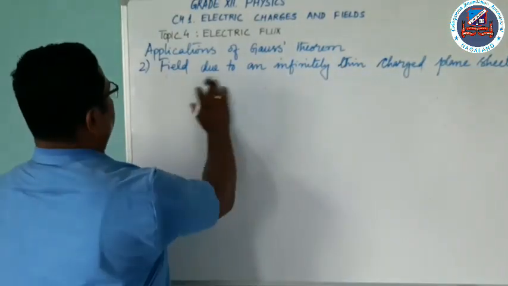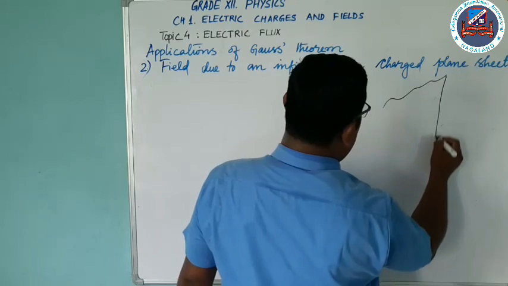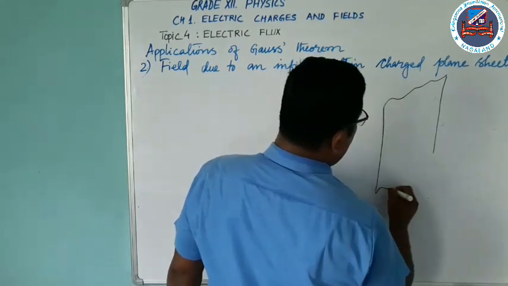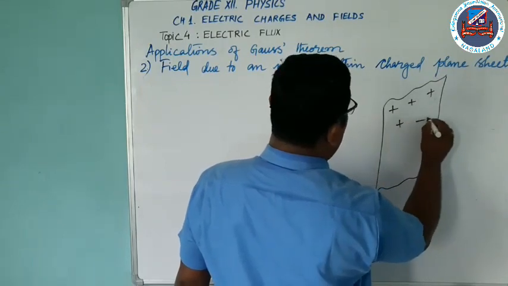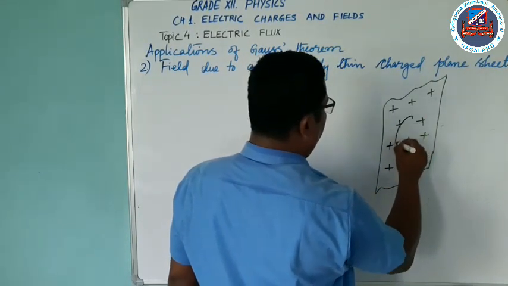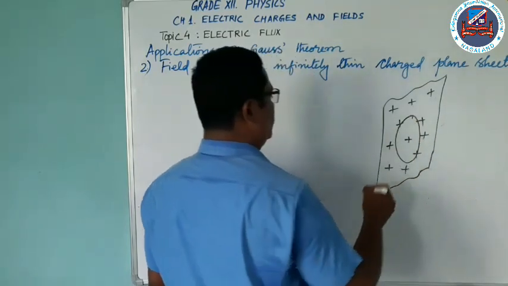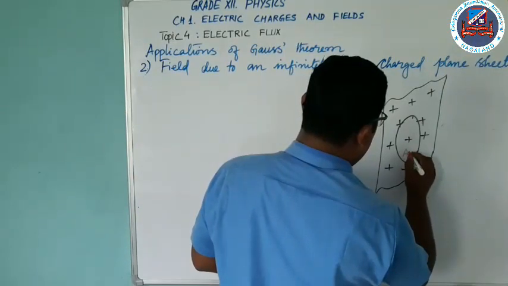In this case, you take the infinitely thin charge sheet like this. Charges are distributed on its surface. We'll take a certain area of cross section. We'll write it as A.